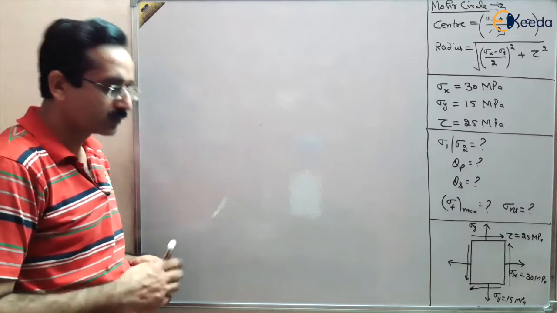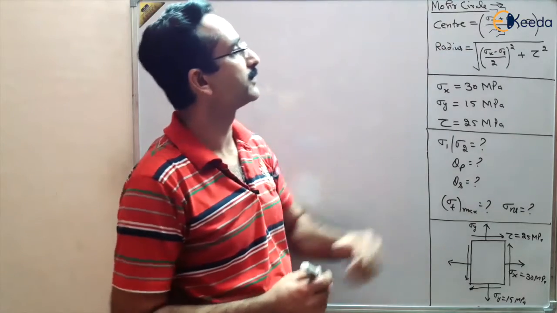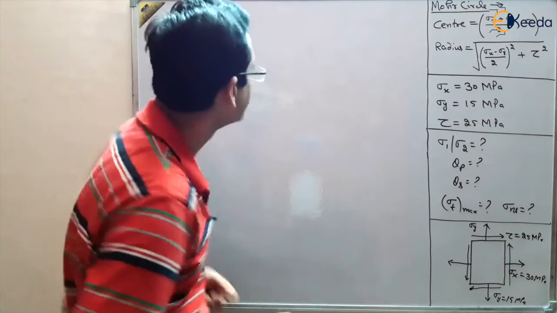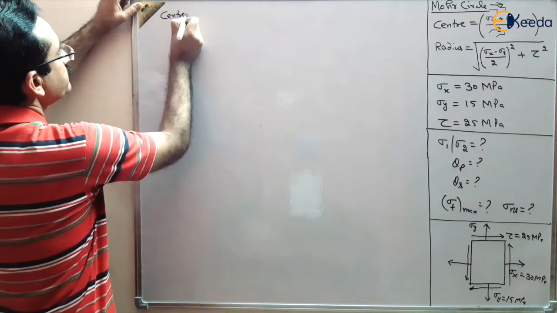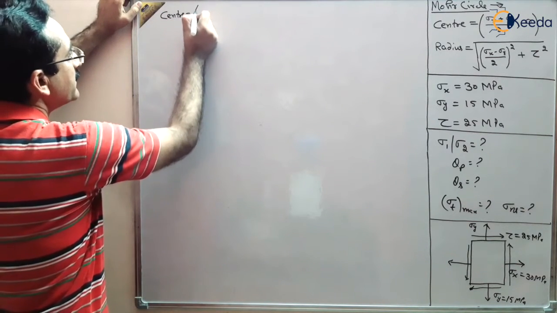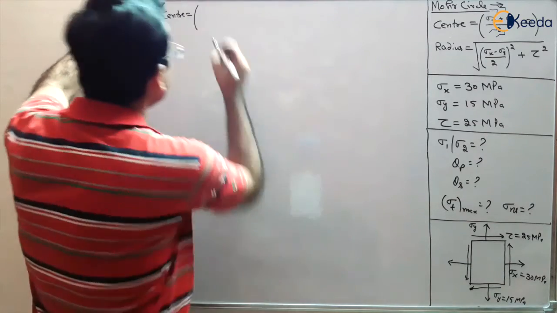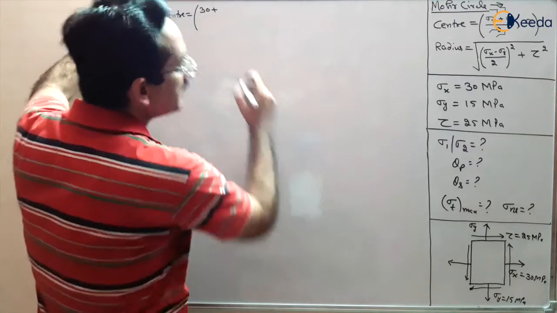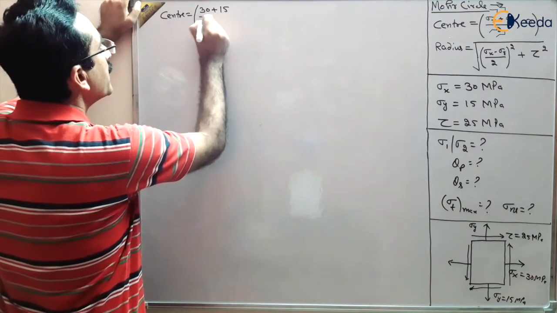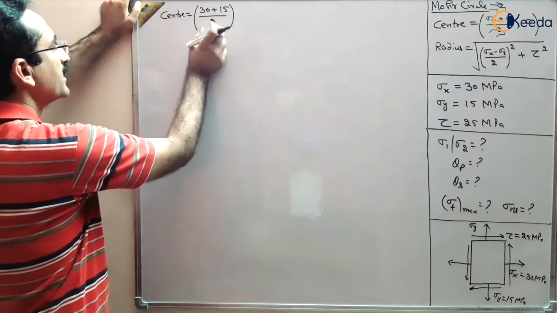So to draw the Mohr circle, you need the center and radius. First of all, find out the center. Center is given by sigma x plus sigma y by 2. Sigma x is 30, sigma y is 15, by 2, and we are taking only the x coordinate.